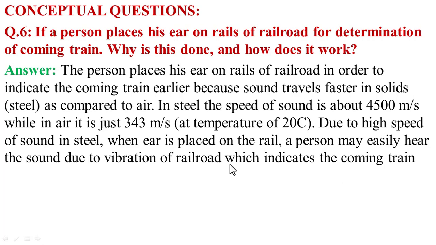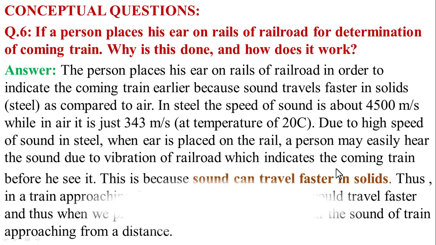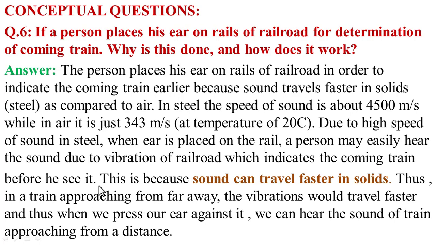Due to the high speed of sound in steel, when the ear is placed on the rail, a person can easily hear the sound due to the vibration of the railroad, which indicates the coming train. This is because sound travels faster in a solid.